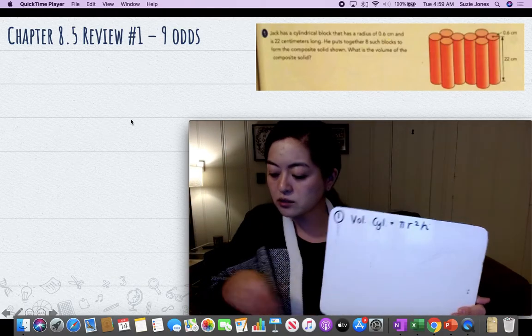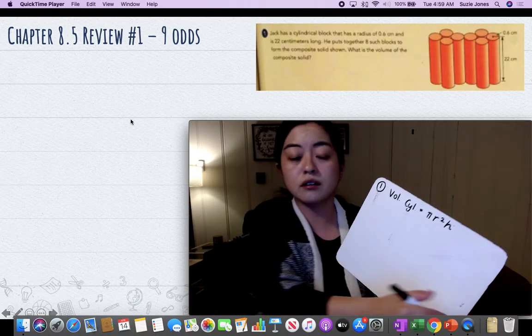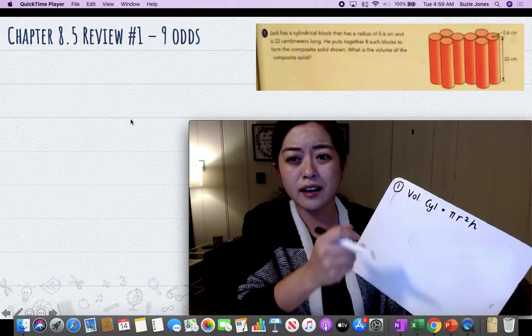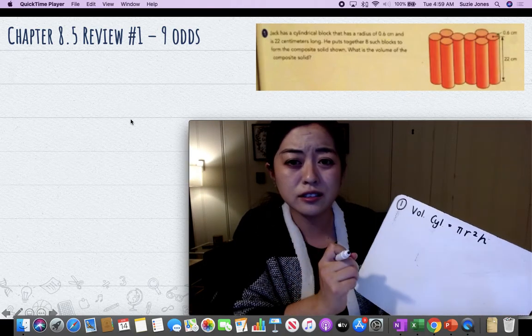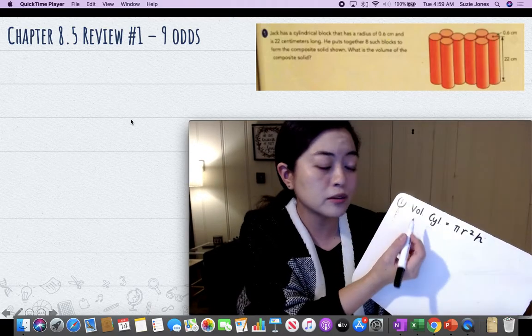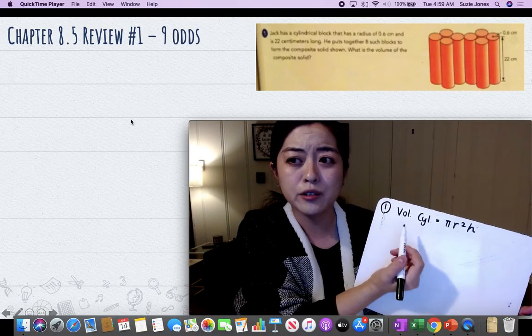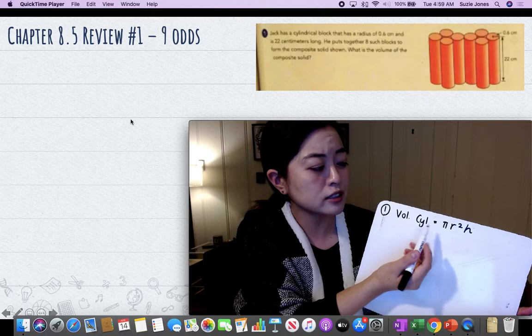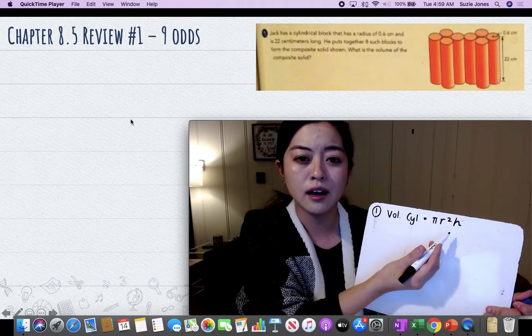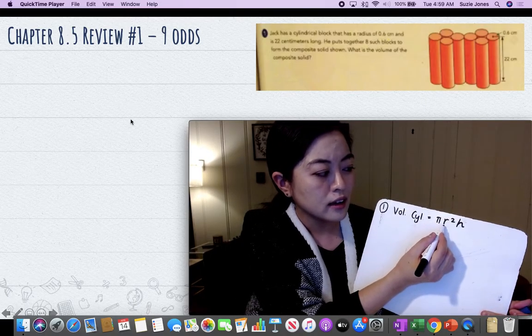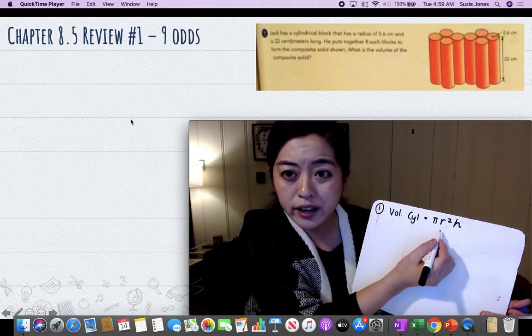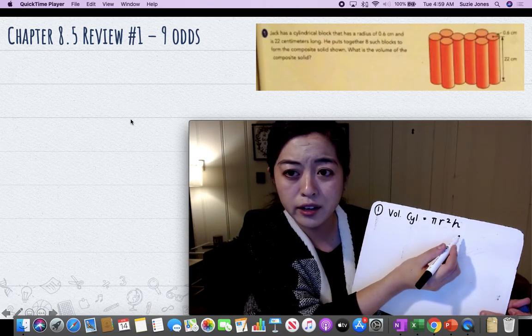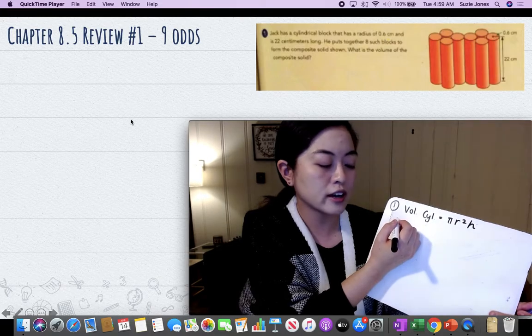All right, so in this case here, Jack has those 8 cylinders, and we want to find the volume of those 8 cylinders. I recall that the volume of a cylinder is pi r squared times the height, okay? And they give you the radius as 0.6, and they give you the height as 22 centimeters, okay?